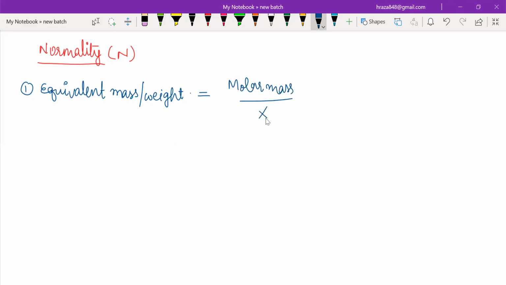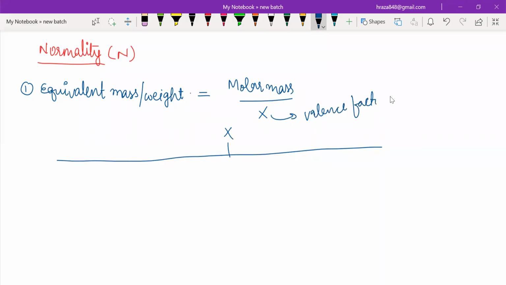You can calculate molar mass easily. Yes or no? Yes, sir. Now, what is X? This X is basically the valence factor or n factor.